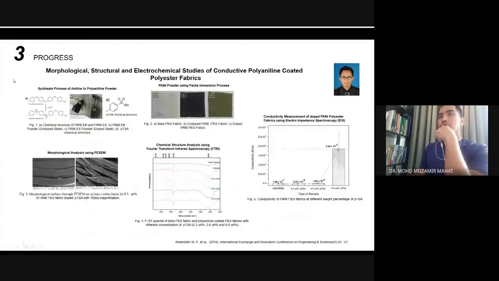All right, so moving on: morphological structure and structural and electrochemical studies of conductive polyaniline coated polyester fabrics.